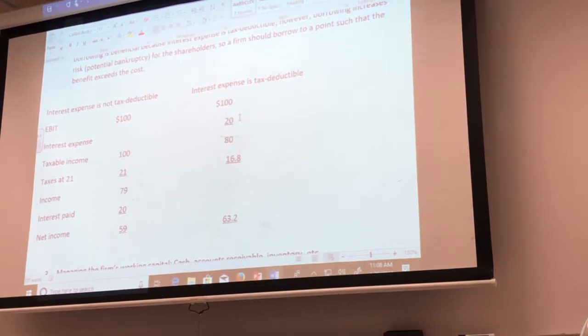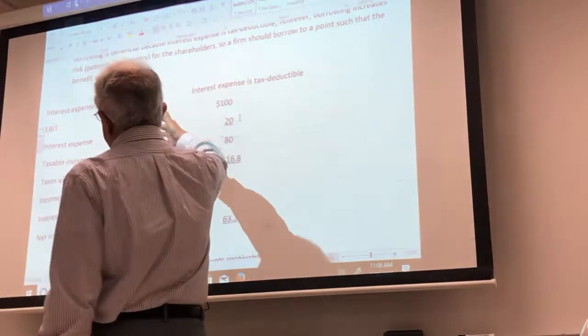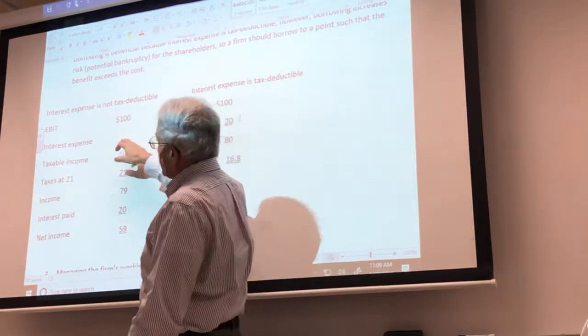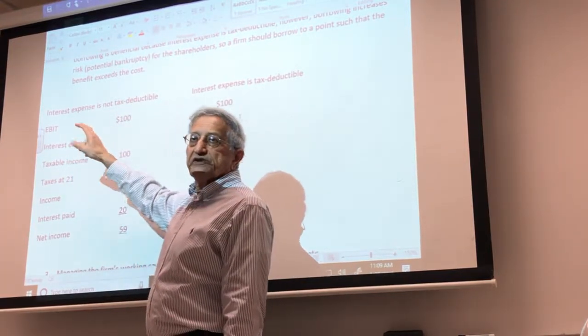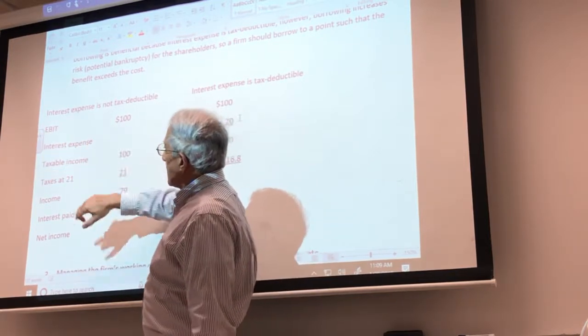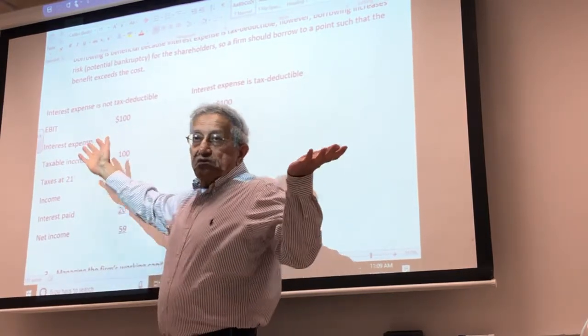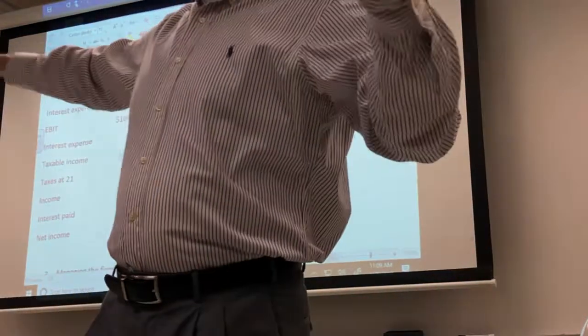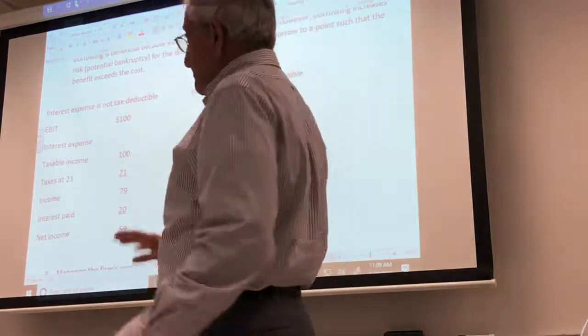Okay, so let's go over this example which I put on the board. So here, assuming interest expense is not tax deductible. So I said this is your EBIT. Remember, EBIT is earnings before interest and taxes. Okay, so it's $100 interest expense because the IRS says, hey, it's not deductible, so forget about it. Don't put anything there. Okay, so not tax deductible.